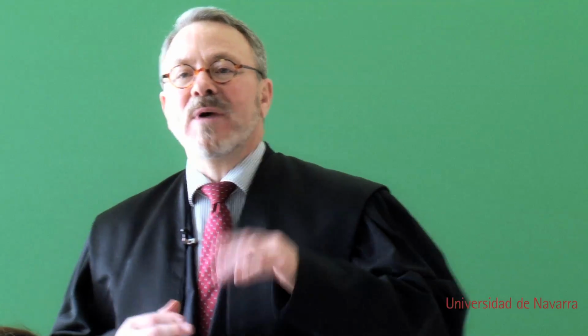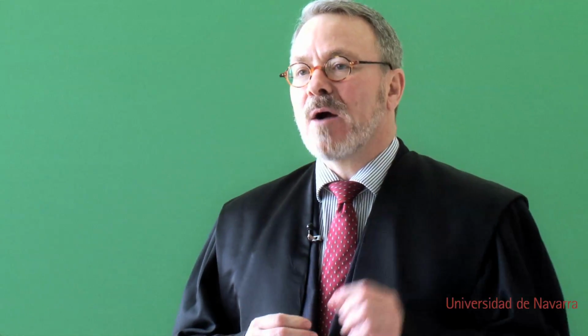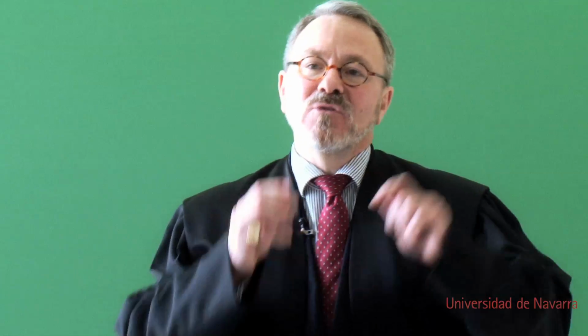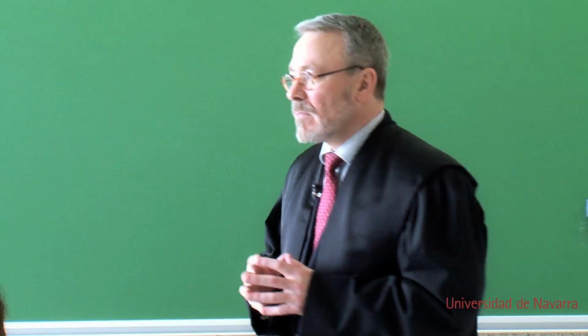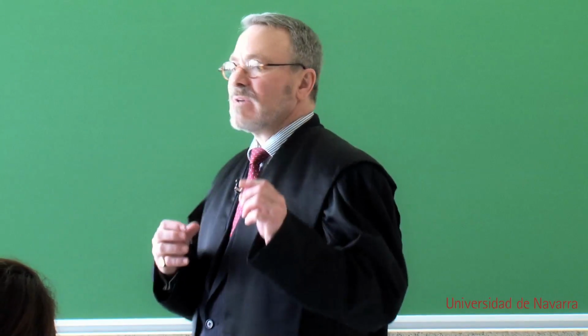Now, we limit the trier of fact to the trial court level for a number of very rational reasons. We limit the determining of what happened to the trial court because the trial court is closest to what's happened, not only geographically, because that court has been seized of this issue that's closest to the locus of the claim, but also it's closest in time.